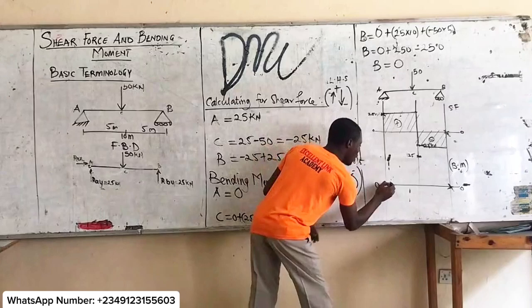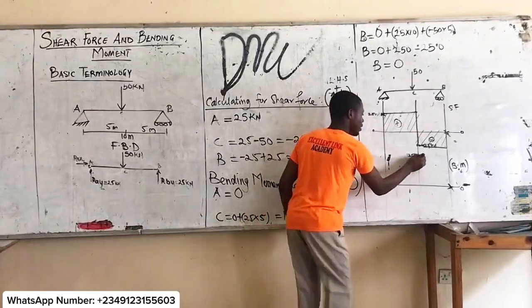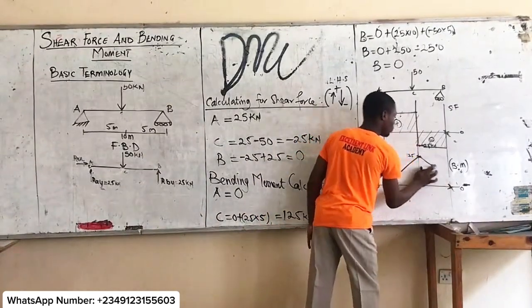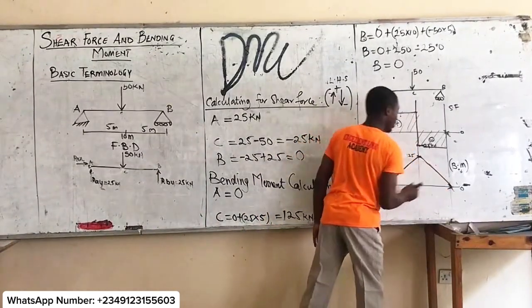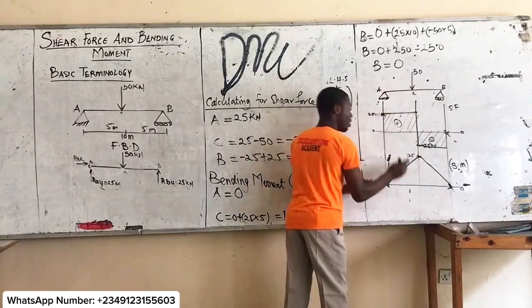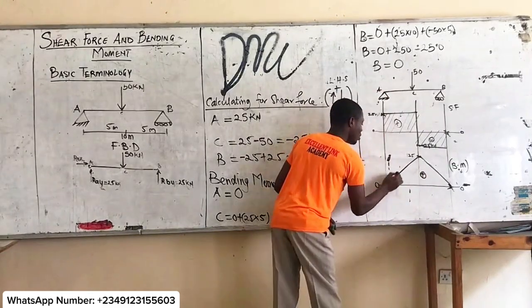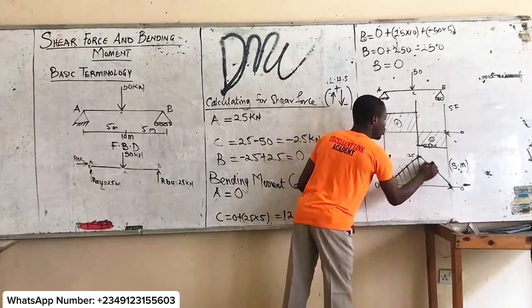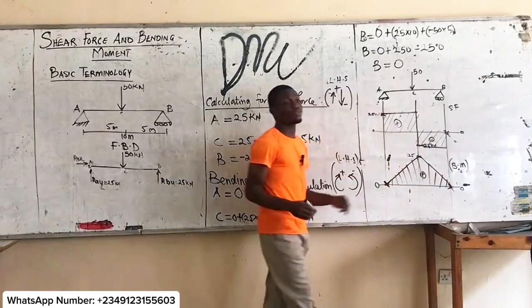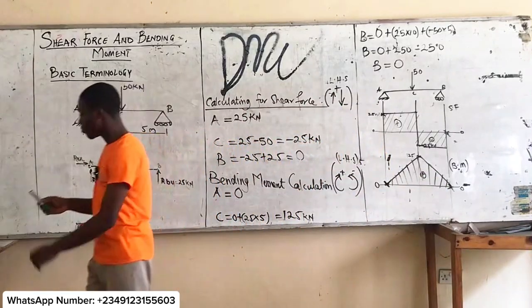How? Look up. Take this one to this, then this one down. This is the positive region of B. Then shade. That's all.